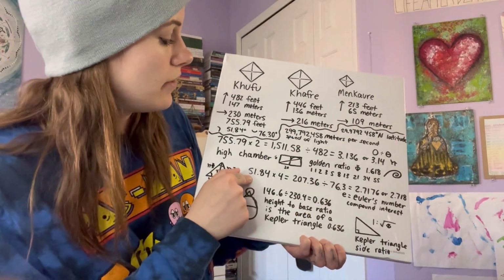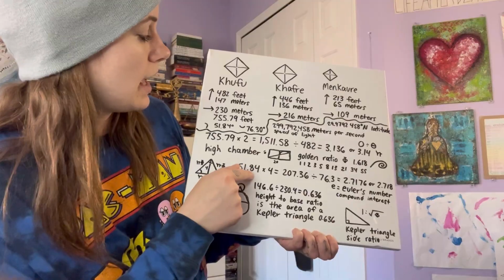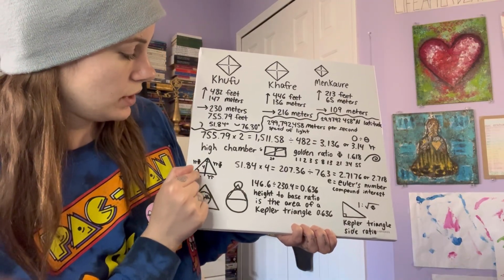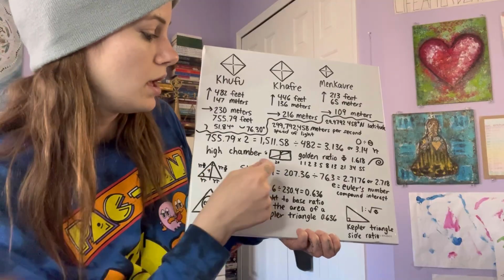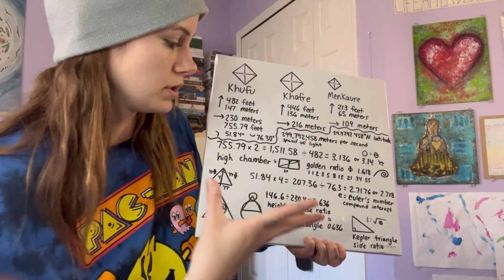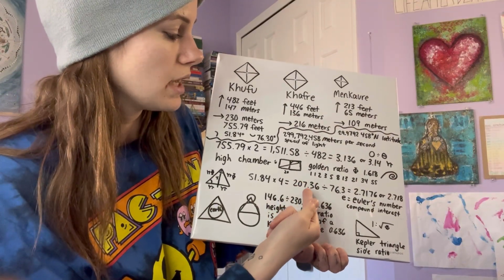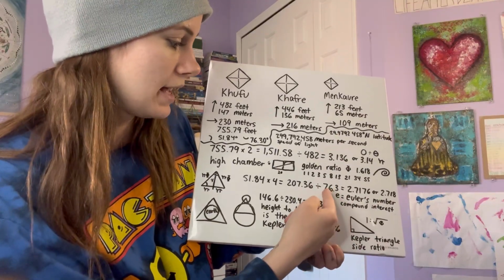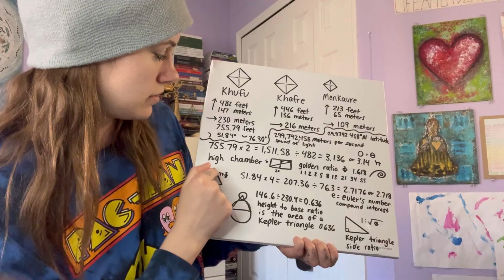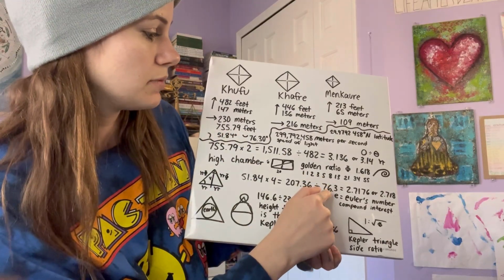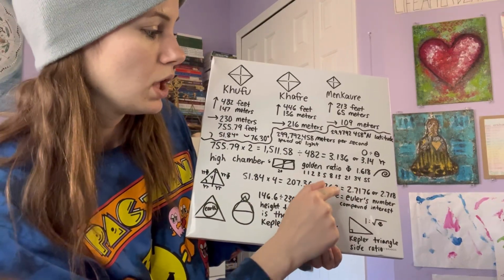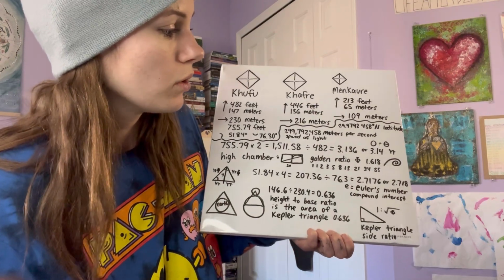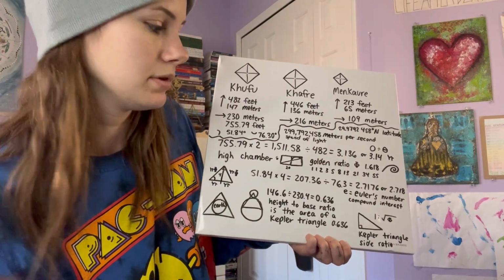If you take 51.84, which is the degree of this angle here, the bottom angle of the pyramid, and multiply it by 4 for the 4 sides, you get 207.36. If you divide that by this other angle here, the top angle, 76.3.30, you get 2.7176, or 2.718, simplified.